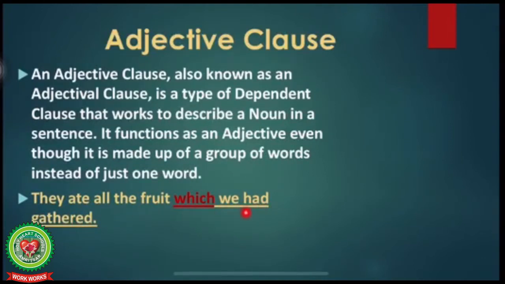So which we had gathered is a subordinate clause and they ate all the fruit is the principal clause. Right? And which we had gathered also gives us information about the noun fruit. So this clause is acting as an adjective. Hence, it is an adjective clause.